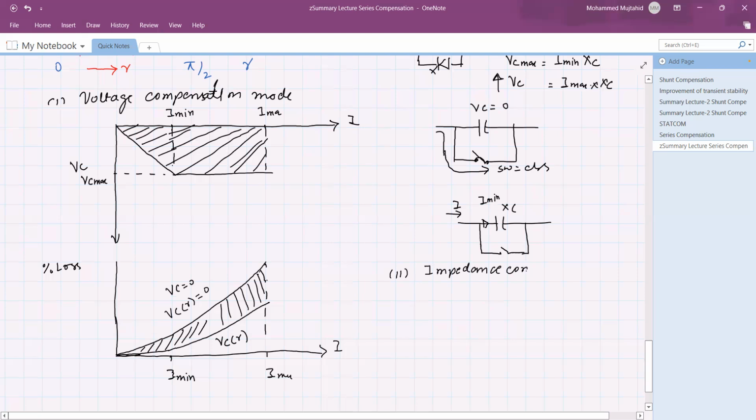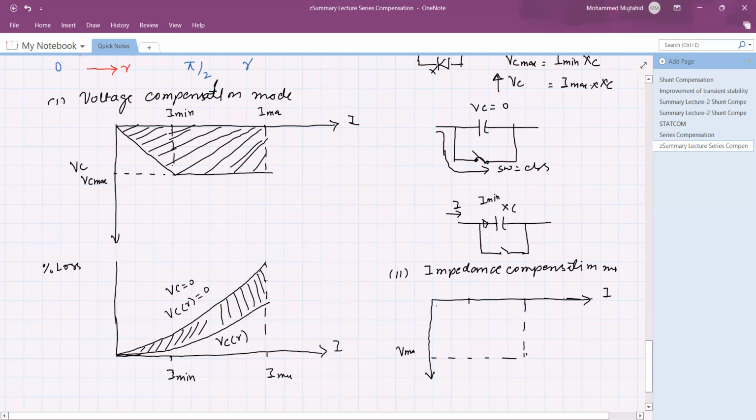And the second part is the impedance compensation mode. So in impedance compensation mode, it is just similar to the ECR. This is the current, and this is the V maximum. Say minimum value of current, maximum value of current, and here this is the maximum voltage.